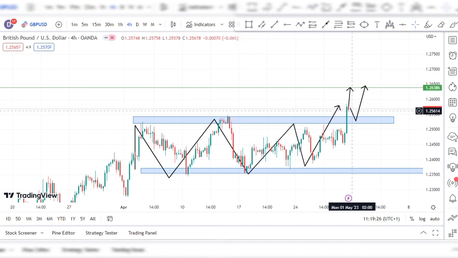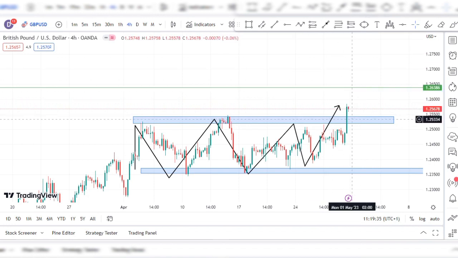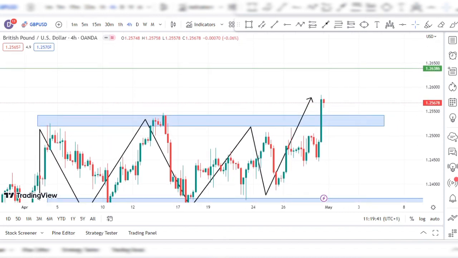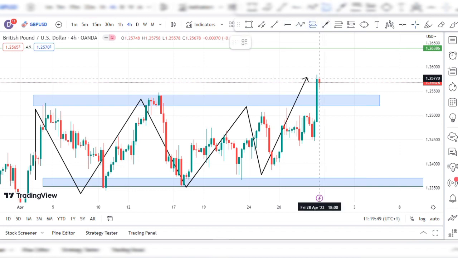Okay, but I am expecting price to retrace a bit back into this area, and the reason why I would wait for price to go into this area before taking this trade is if I decide to rush into this trade, and I am targeting the 1.264 area, my risk to reward ratio isn't a very good one.